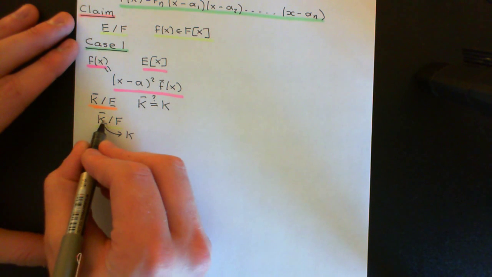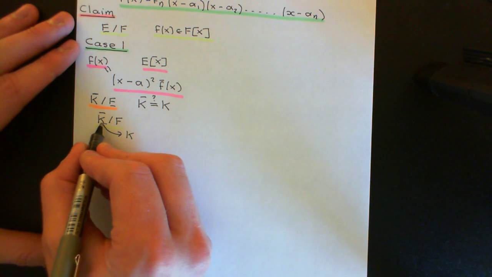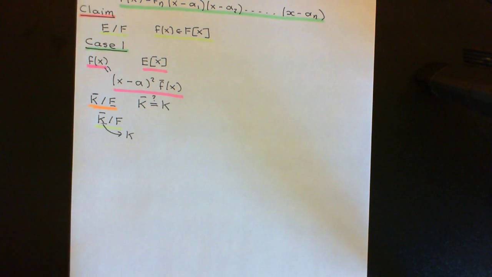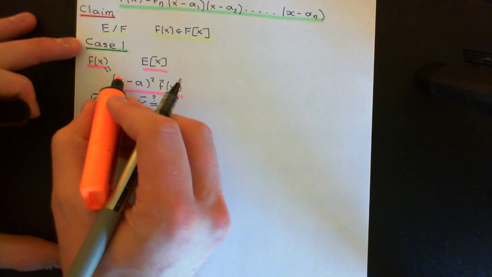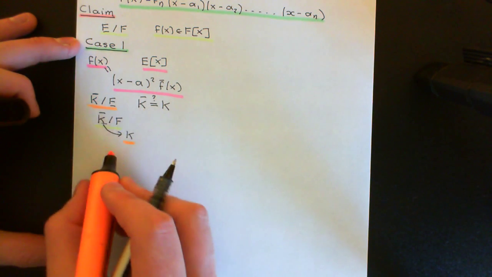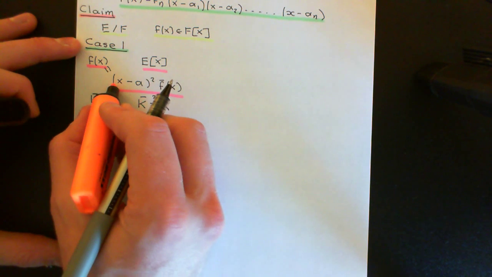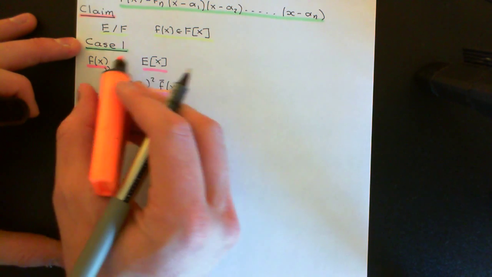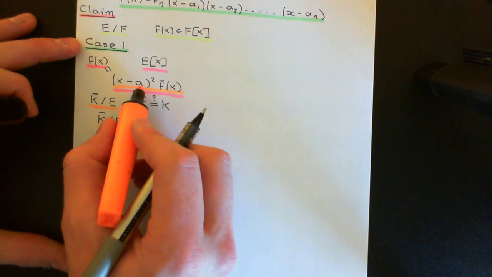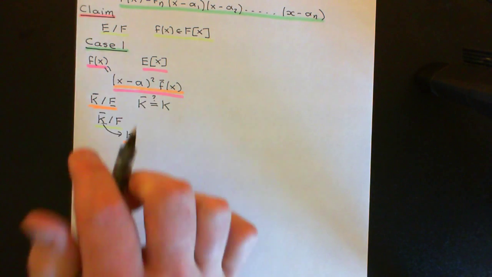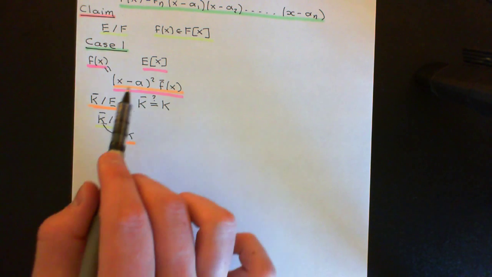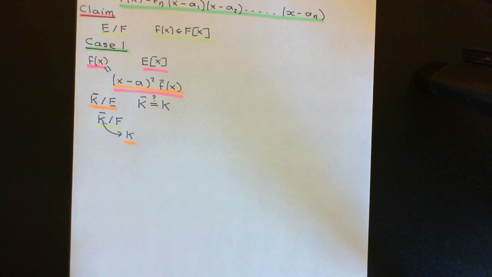So when you construct the splitting field from this by the method that I've just described, by intersecting all the subfields together, you will end up with something that's isomorphic to K. And of course you'll end up keeping these original roots that were in E, because these will be roots still in K bar, and then they'll remain in K. So if it was the case that you could find this field extension E of F, where you had this root appearing with multiplicity 2, this alpha squared here, that would remain in our splitting field that I was constructing in this way, and therefore it would contradict the polynomial being separable.